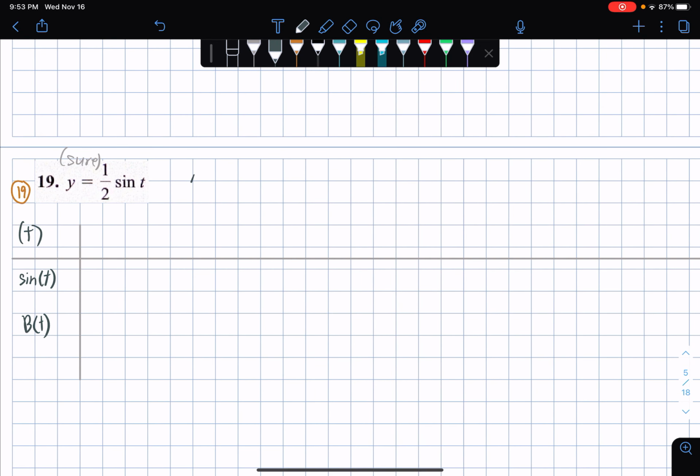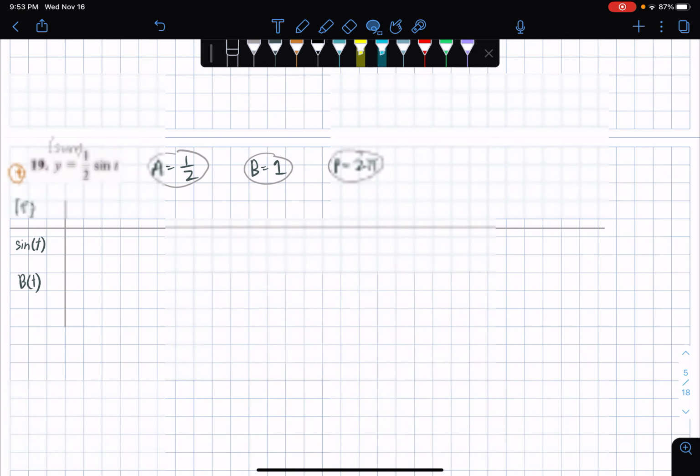Number 19, given that a is 1/2 and b is still equal to 1, so the period is still 2 pi, and the process is very similar to the prior ones that we answered.